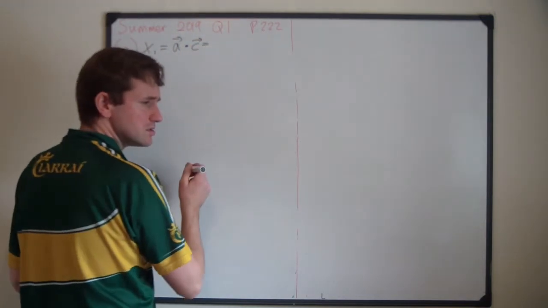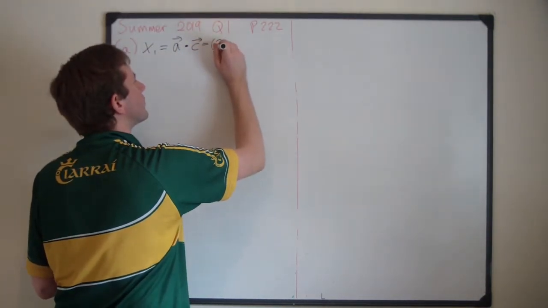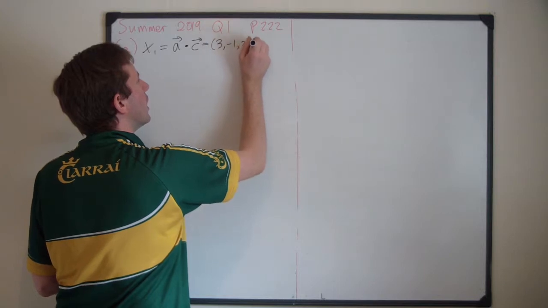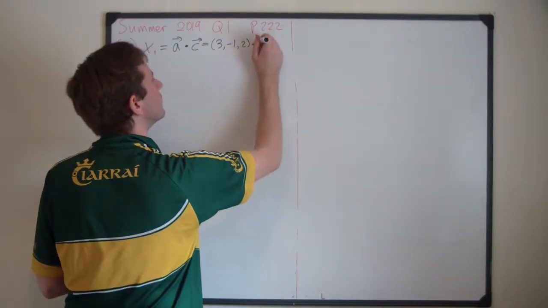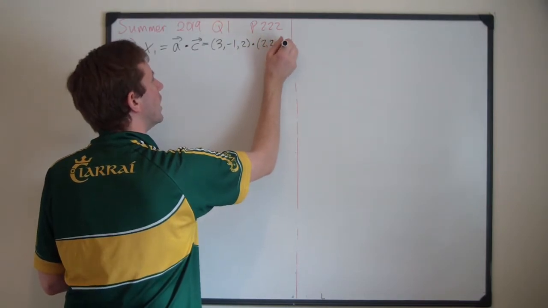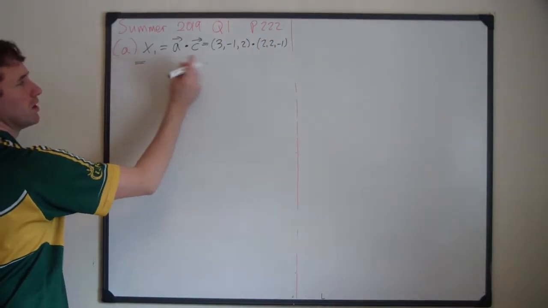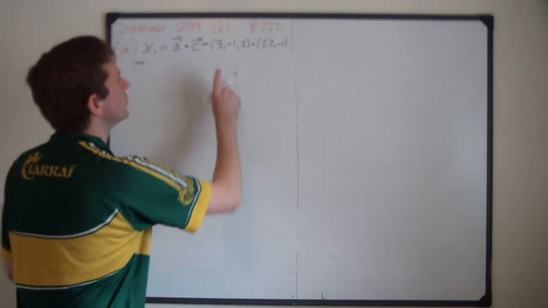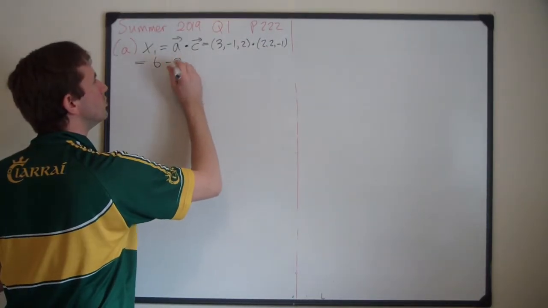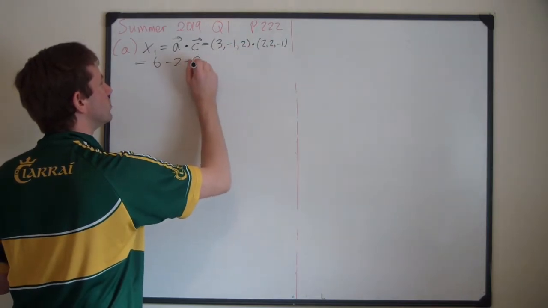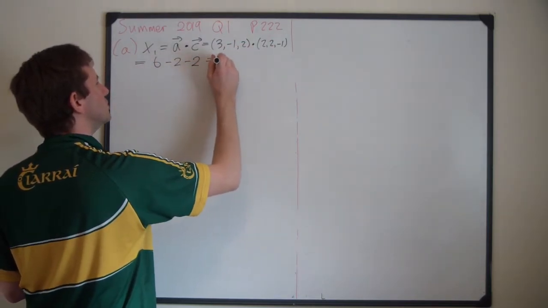So A is 3, minus 1, 2, and C is 2, 2, minus 1. And the dot product is easy, you just multiply the numbers together and add them. So 3 by 2 is 6, plus minus 1 by 2 is minus 2, plus 2 by minus 1 is minus 2. 6 minus 2 minus 2 is equal to 2.